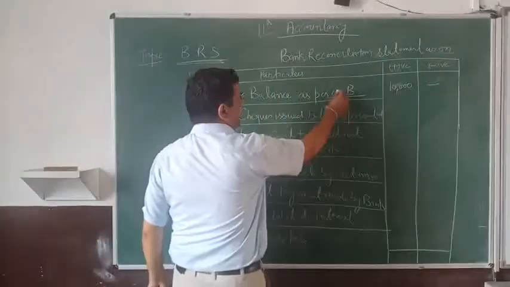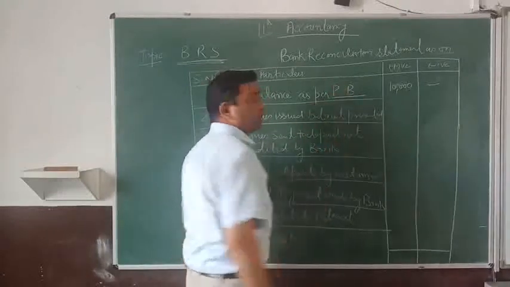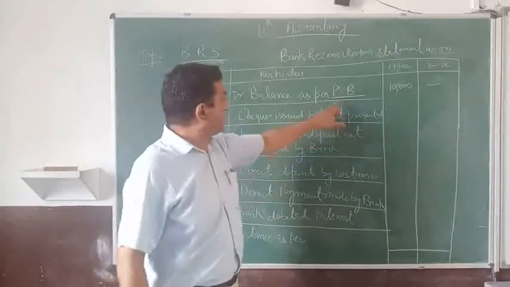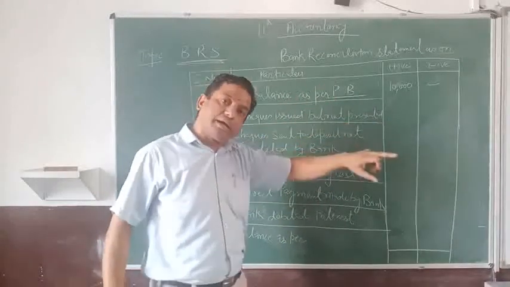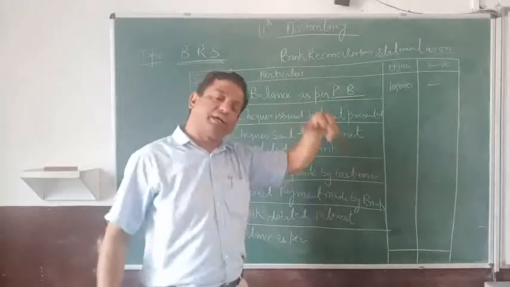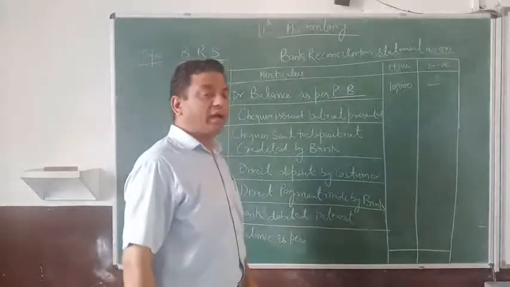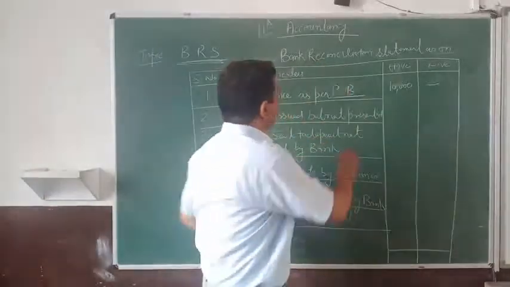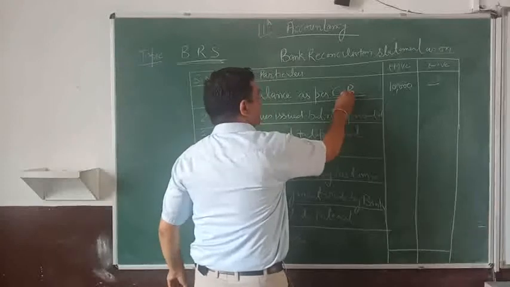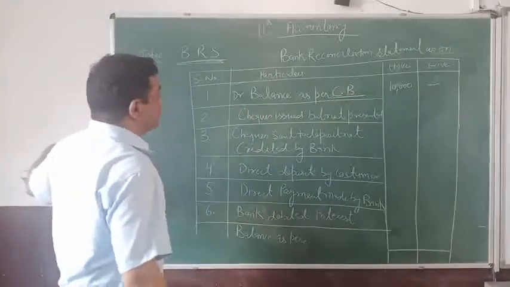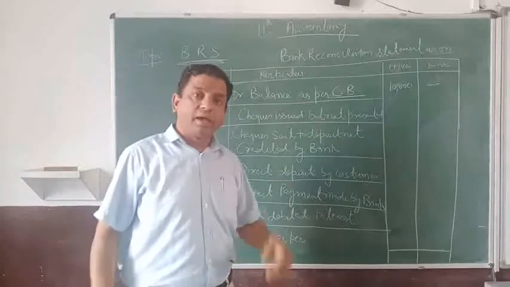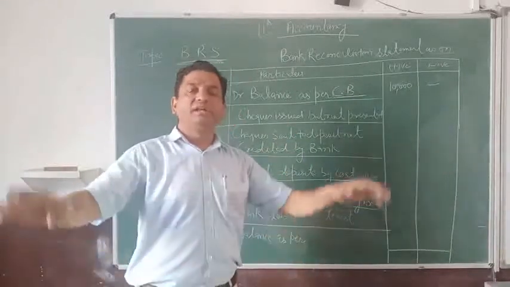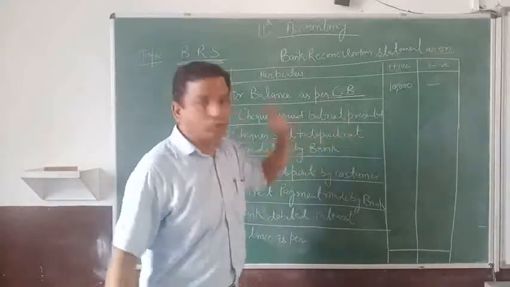But if I am starting the question with passbook, then the cash book will become the base for me. Then I have to adjust my passbook according to the cash book. If there is an addition there, I have to add, and if there is a minus there, I have to minus. Because when you have to reconcile two things, you have to take one as base. So here I am starting the question with cash book with debit balance, right? Then it means passbook is the base for me and I have to do each and everything from the passbook point of view. Whatever will be there in the passbook, I have to make according to that.